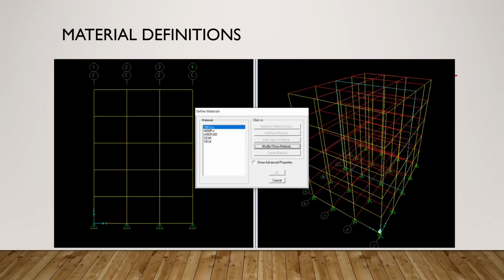For the material in this project, first we use concrete 280 ksc, and for the steel bar, we use SD40 and SR24.